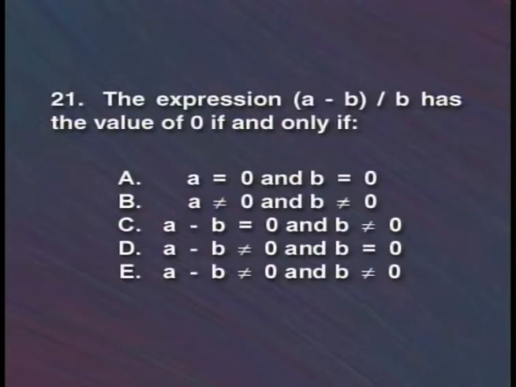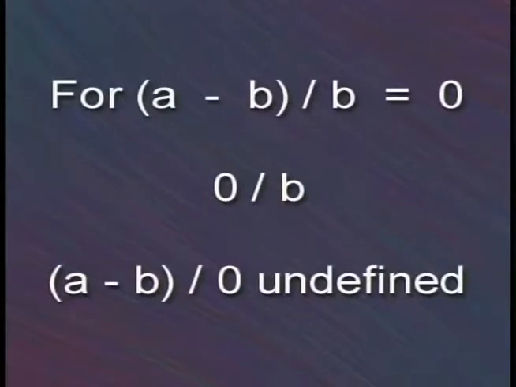Problem 21. The expression (A minus B) divided by B has the value of 0 if and only if... A fraction can have the value of 0 only if the numerator equals 0, as in 0 divided by b.